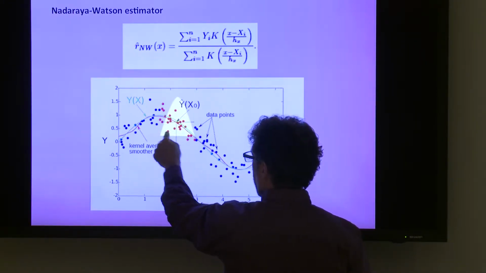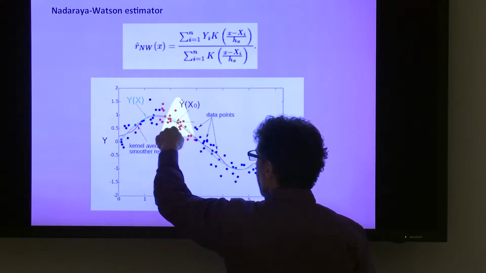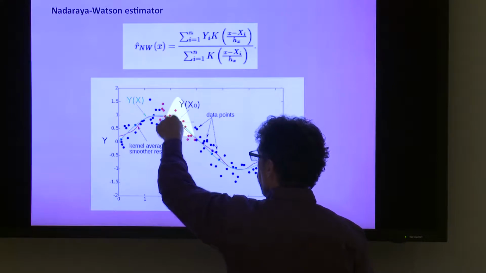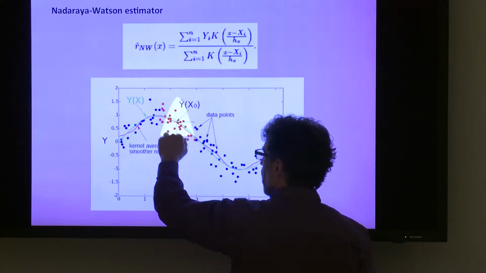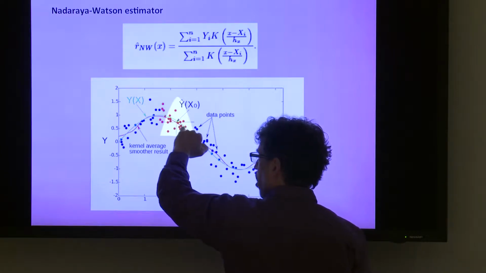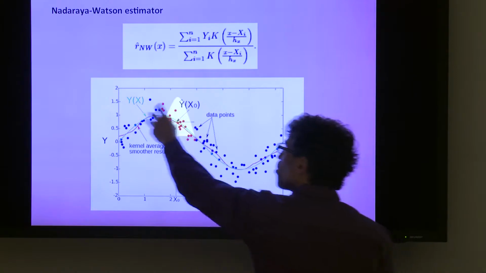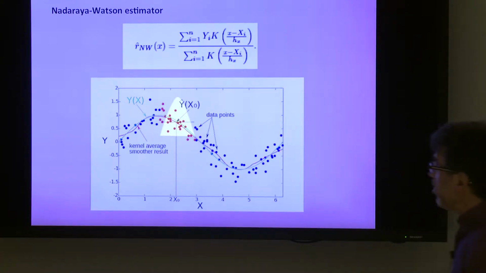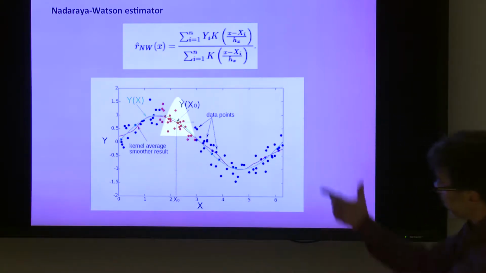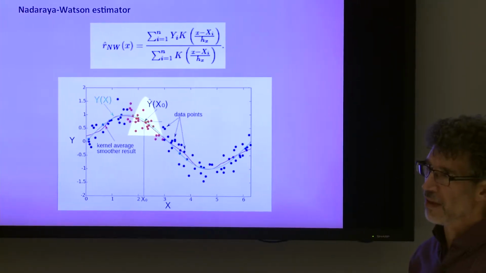And it's looking at these points and it's weighting by this kernel, and it's saying, well, what's the weighted mean of those? And it gets this red point. And you just go along microscopically and calculate those red points with locally smoothing it. And you get the red curve, which is awfully close to the green curve in this simple example.